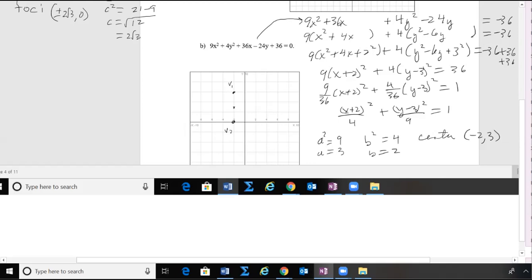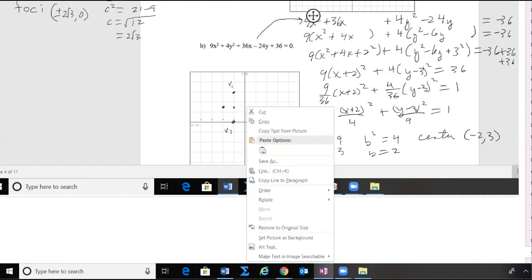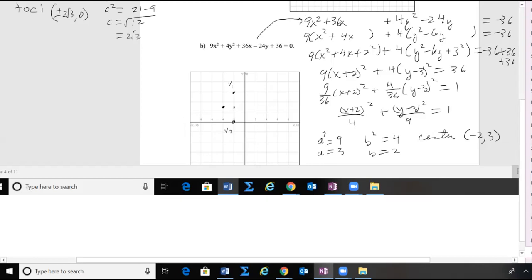And then b is 2, so the co-vertices would be 2 units away from that center, one over here and another one over here. And from there, you can easily spot what the coordinates are. We'll also do a little sketch. A little bit wonky there, but okay, so you can see your vertices.